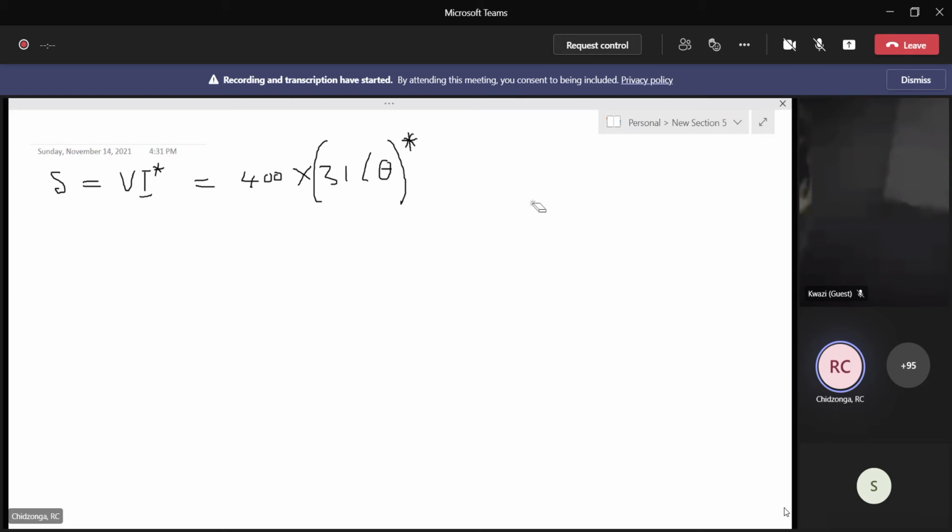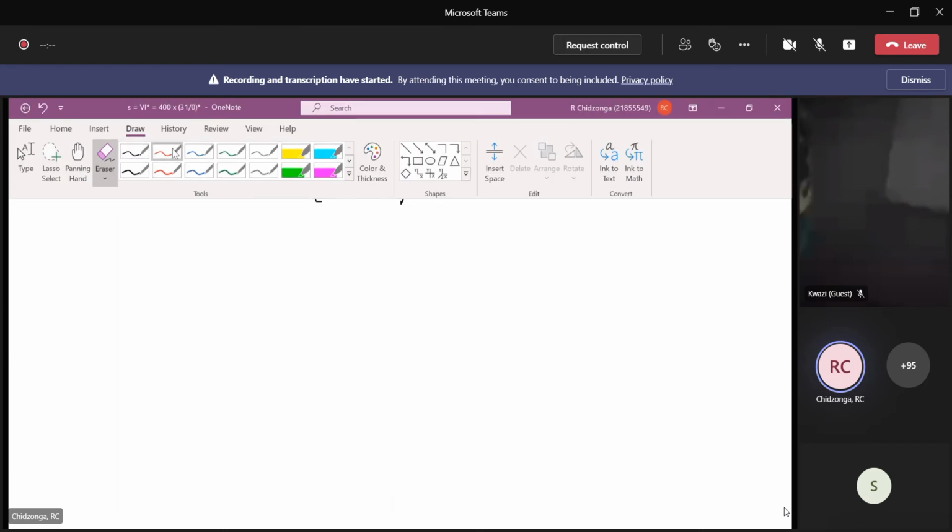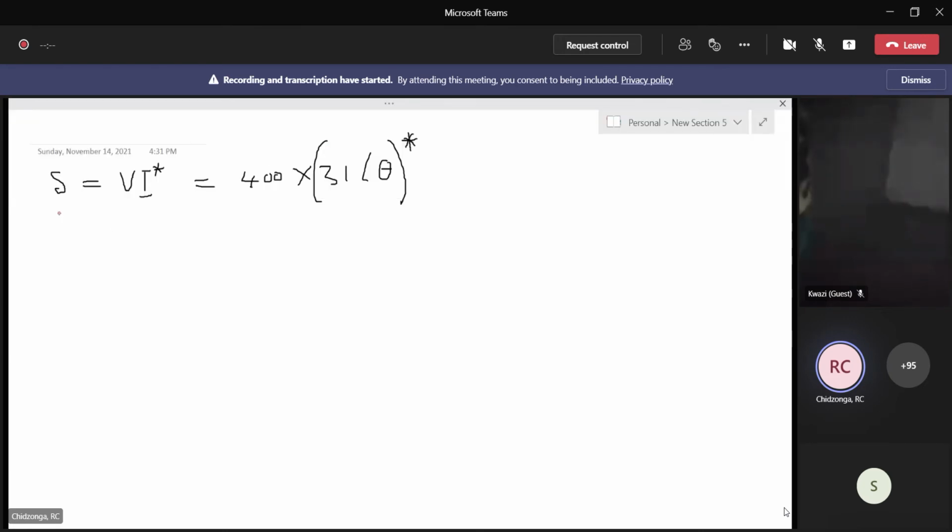Now, you will see that if the load is inductive, which it is in this particular example, then the angle theta is simply cos minus 1 of 0.73.